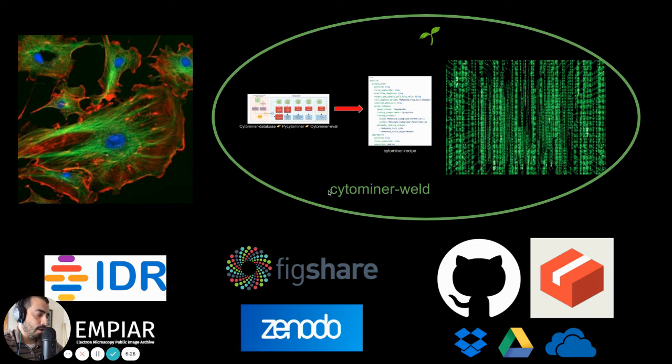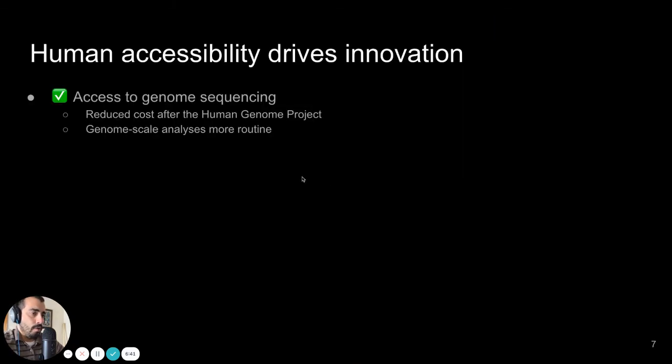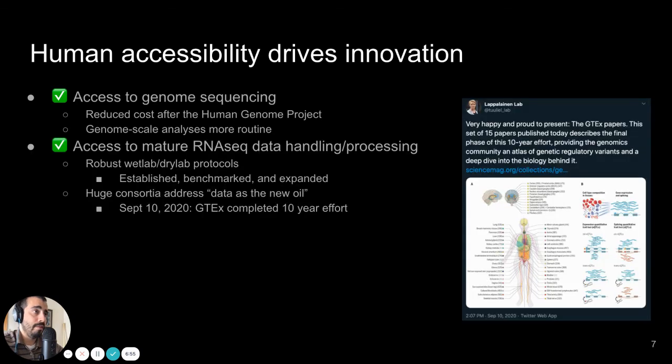And so this is the framework that we use in the lab and also is going to be used by the JUMP consortium, which Anne has talked about, which as many pharma partners are going to be using this paradigm moving forward. And so another reason why we're really excited about this is the fact that time and time again, we've observed in science that human accessibility drives innovation. So we've seen this in the Human Genome Project, where now sequencing a genome is cheap and relatively easy.